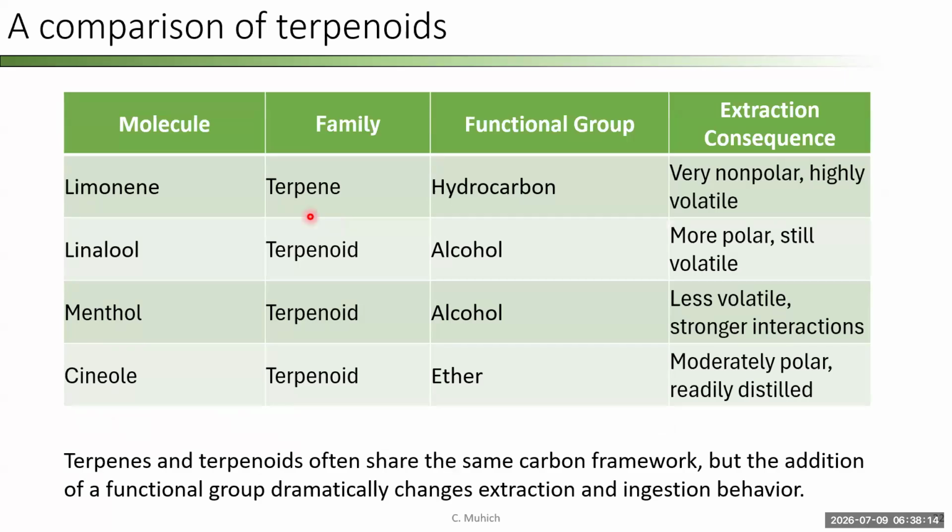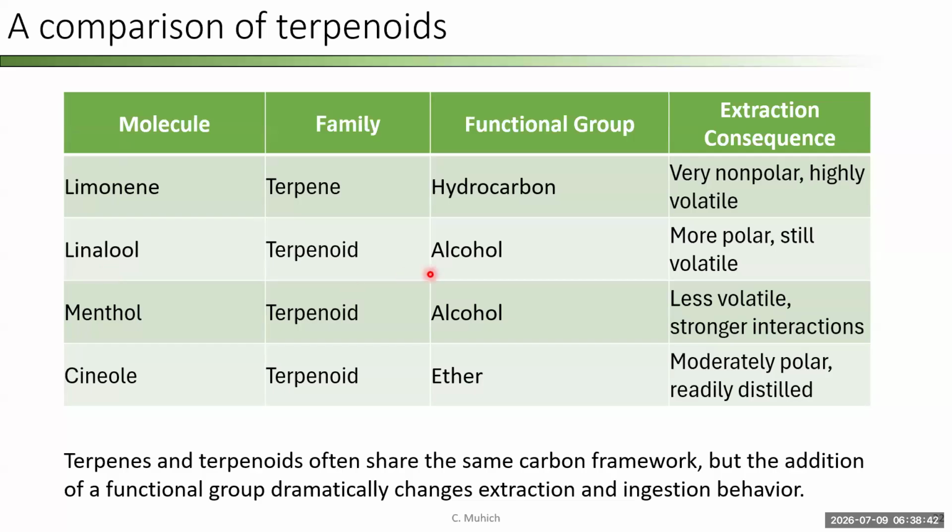Okay, so if we compare terpenes, on the left we have an array of different terpenes or terpenoids: limonene, linalool, menthol, cineole, where only the first one is a true terpene and the others are terpenoids. Their functional groups can differ, right?